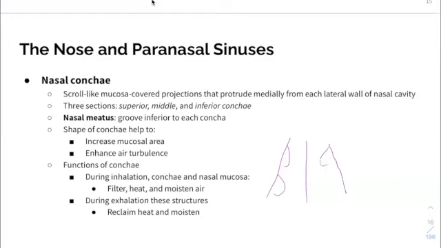There should be 3 in there. Those work as little turbines to get the air moving. It increases the air's rate of motion. There's the superior, middle, and inferior.